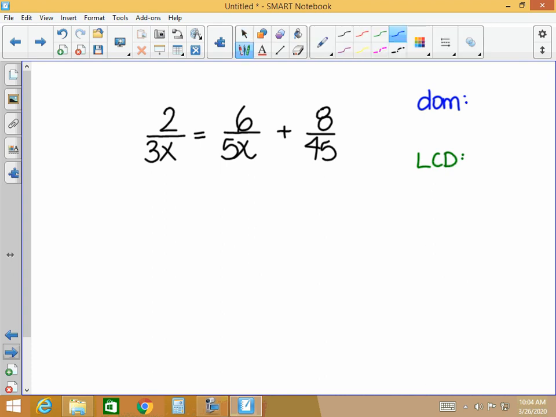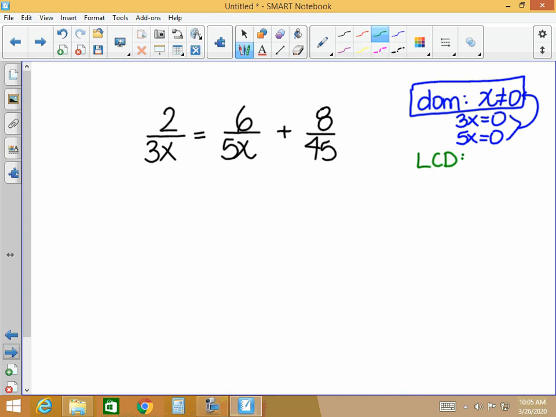So again, on the bottom, if I set the denominators equal to 0, and I solve for x, both 3x equals 0 and 5x equals 0 gives me x equals 0. So I say my domain again is any number that I want except for 0.